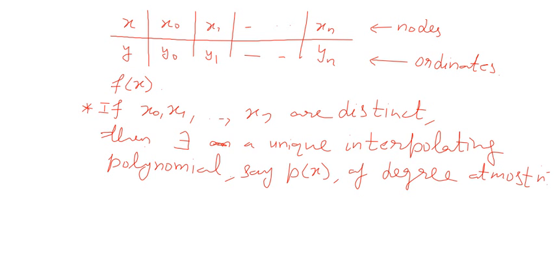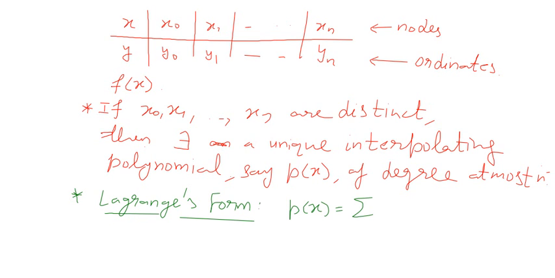We have learned two types of representations there. One was Lagrange's form, which by definition is p of x equals summation yj Lj of x, where j is running from 0 to n.